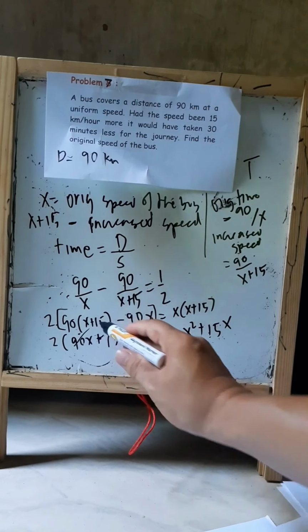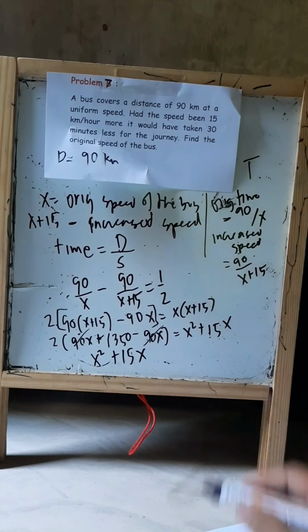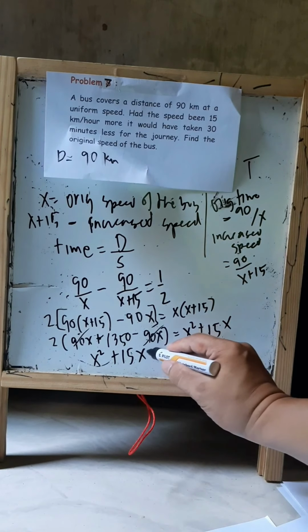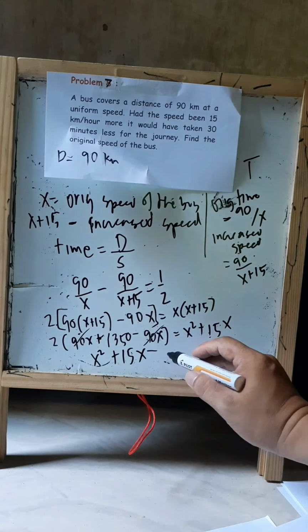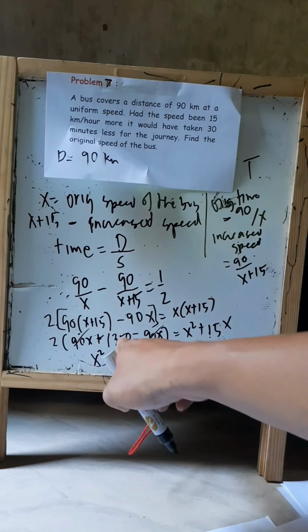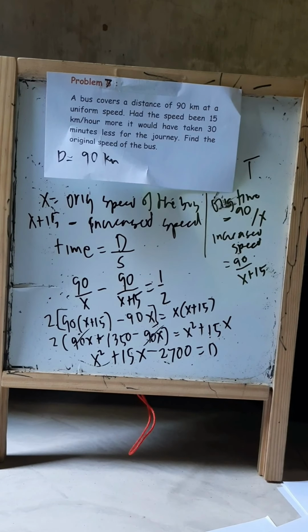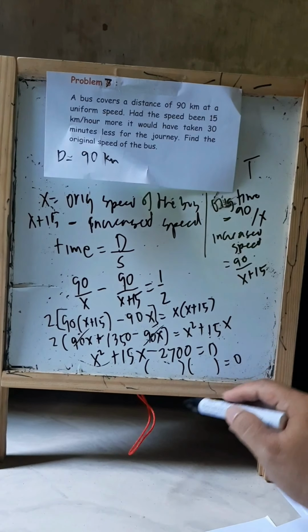We don't cancel that. So the equation becomes x squared plus 15x minus 1350 times 2, which is 2,700, equals 0. 1350 times 2 is 2,700. From there, we can solve by factoring. What are the factors of negative 2,700 whose sum is 15?